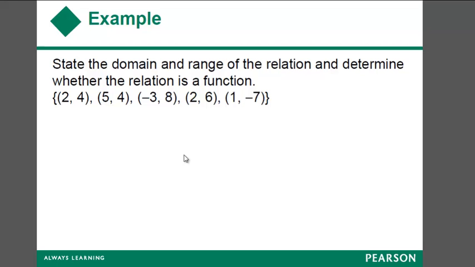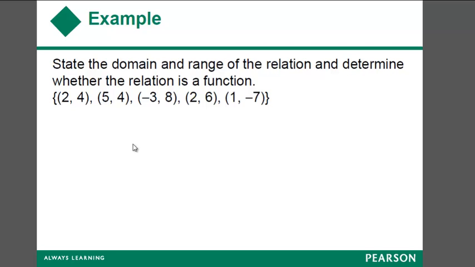So let's look at some other examples. Let's first state the domain and the range of this relation, and then we will be able to determine whether the relation is a function or not. So remember what domain is? It is the first number in the coordinates.